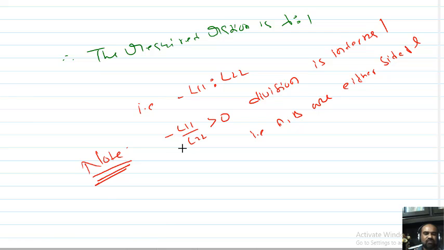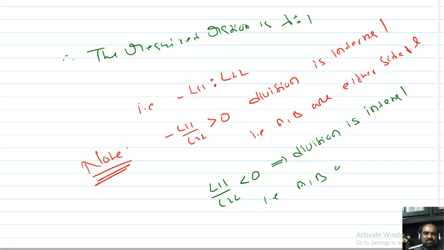Or another way, don't confuse: multiply by minus on the other side, what will you get? L11 by L22 is less than 0, division is internal. Don't confuse, I just removed the minus. Division is internal, that is A, B are on either side of L. This is a very important thing, students.